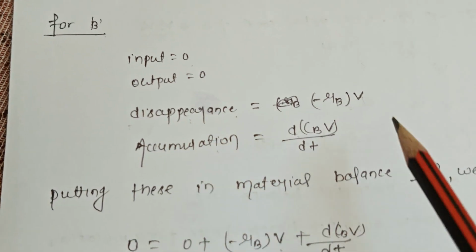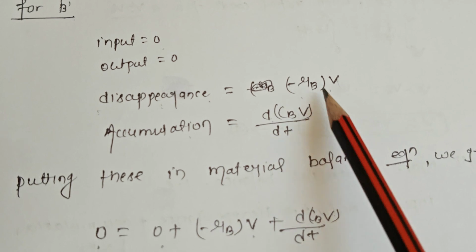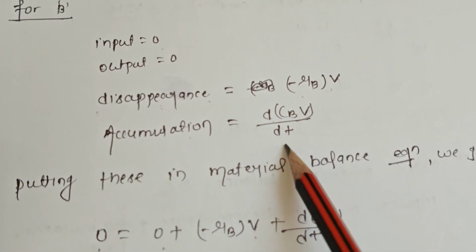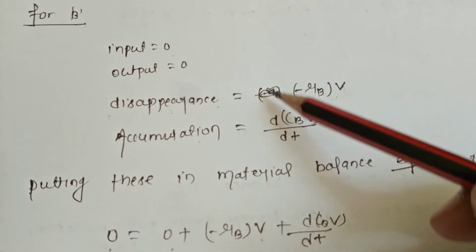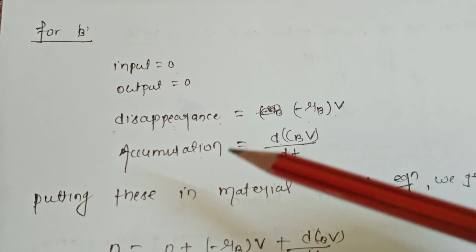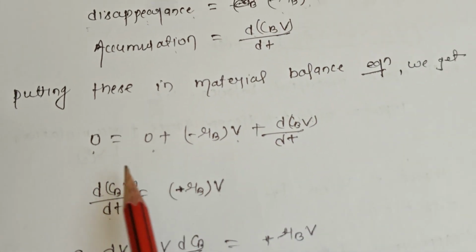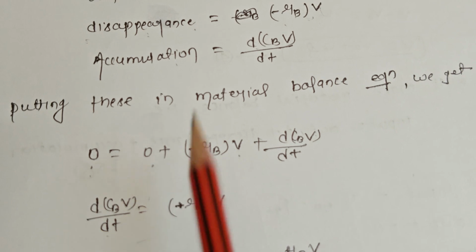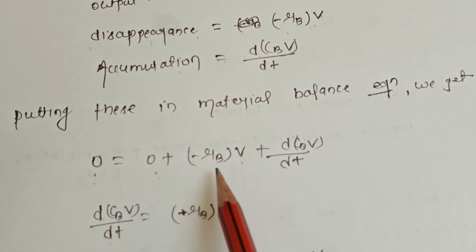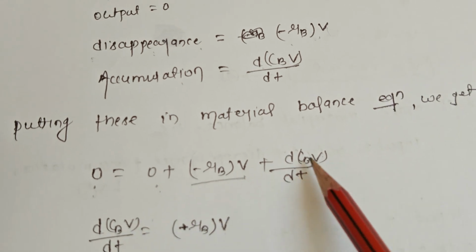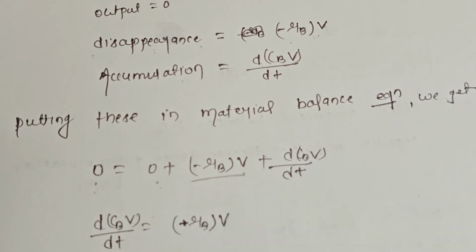Disappearance of B will be minus RB into V, and accumulation will be dCB V upon dt. Now putting all these terms in the material balance equation, we get input is equal to 0 and output 0. Disappearance will be minus RBV and accumulation dCBV upon dt.